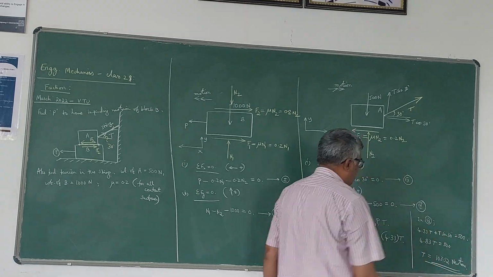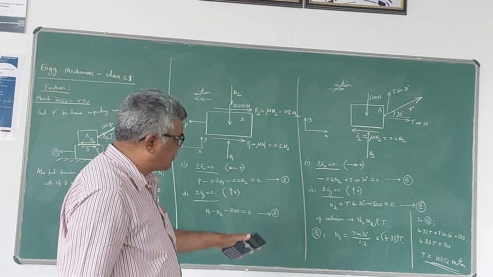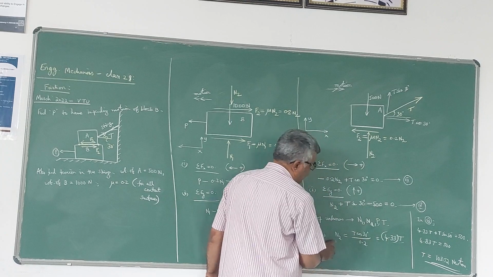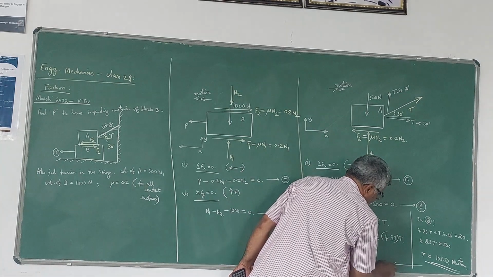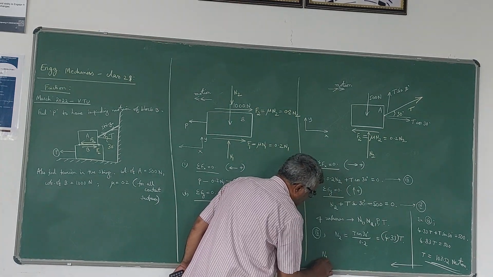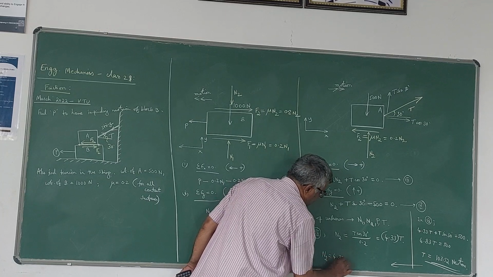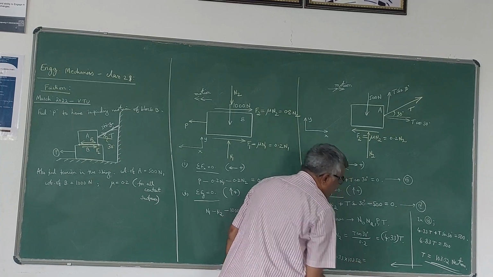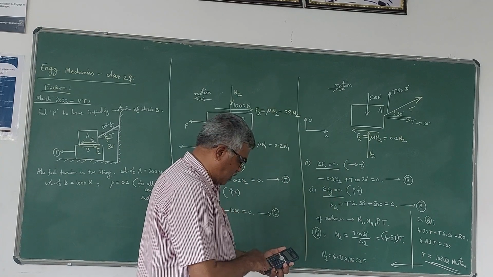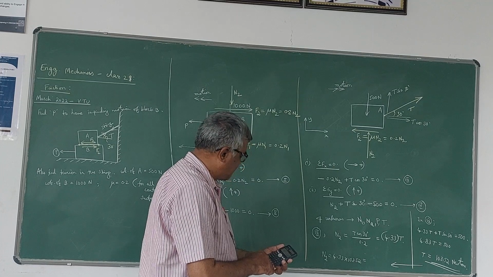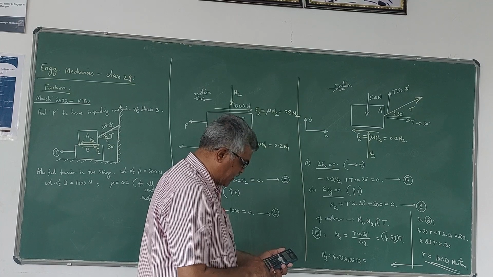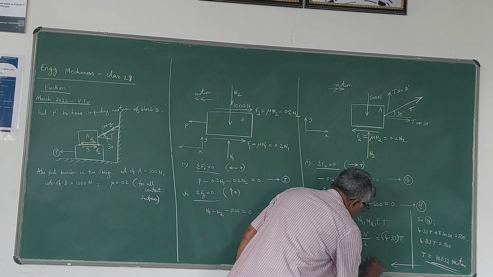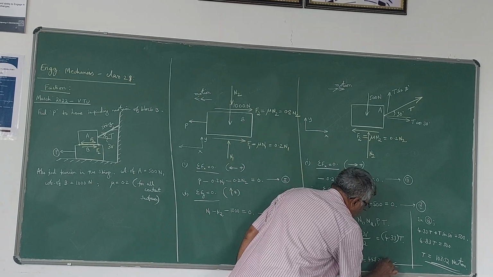So one value we got. Then substitute that value of T here, and you will get the value of N2. So N2 is equal to 4.33 times T, that is 103.52 into 4.33, which will be 448.24 newtons.